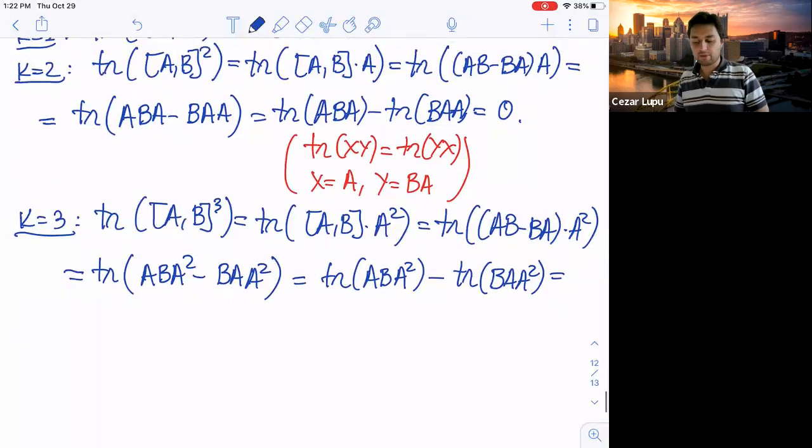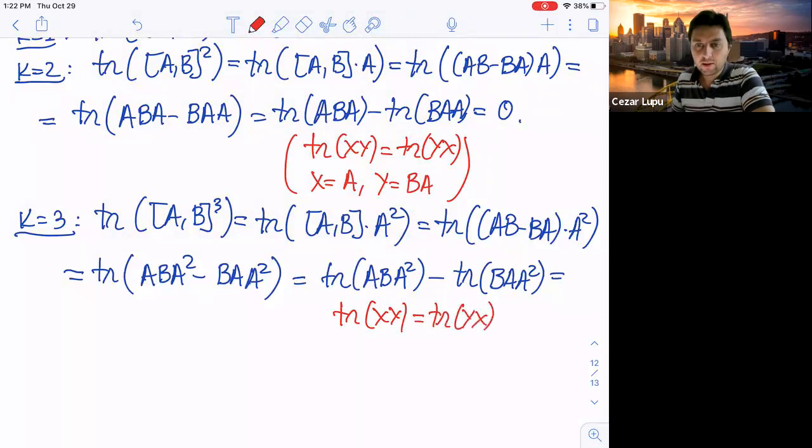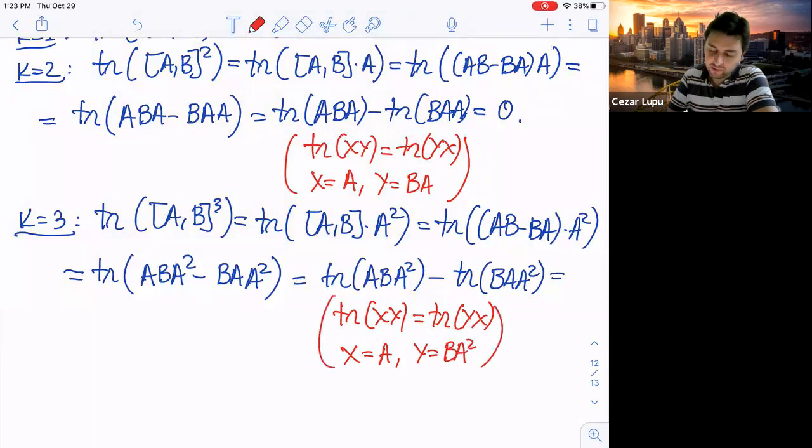Well, just apply the property above about the trace: the trace of XY is the same as the trace of YX. We'll take X to be A and Y to be BA squared, and this will give you 0.